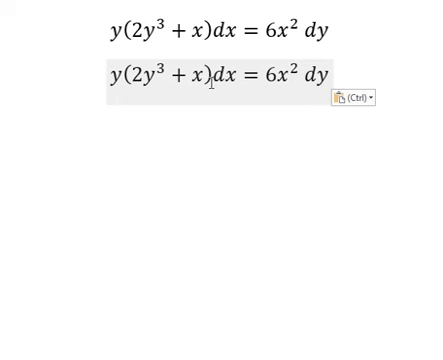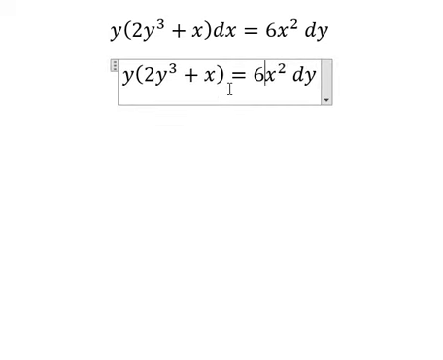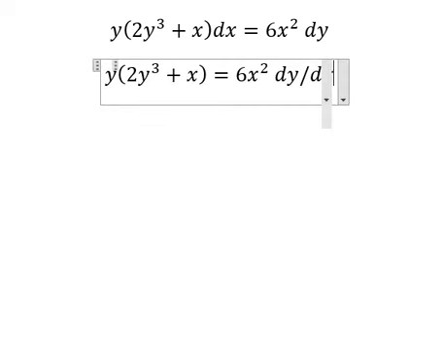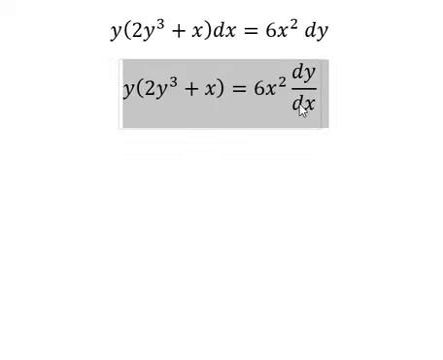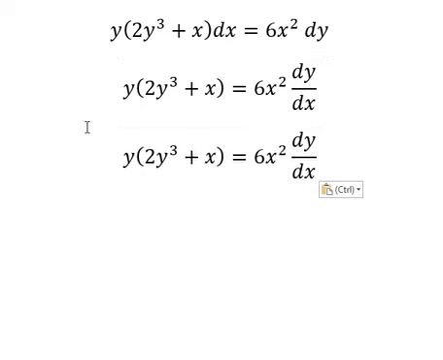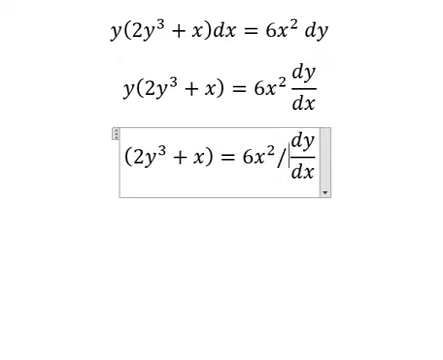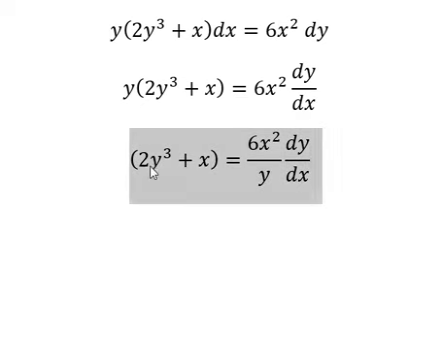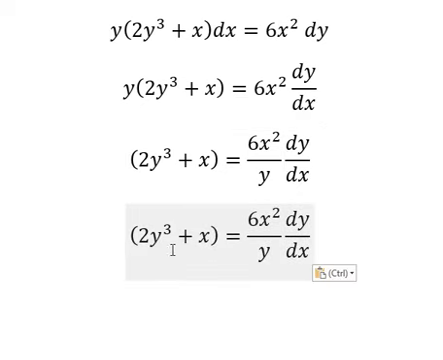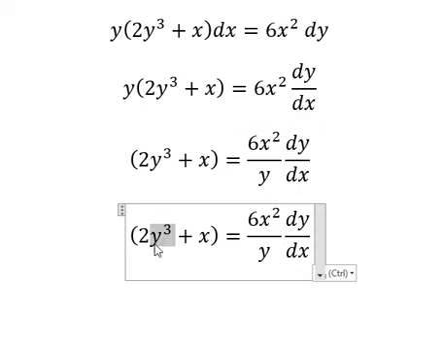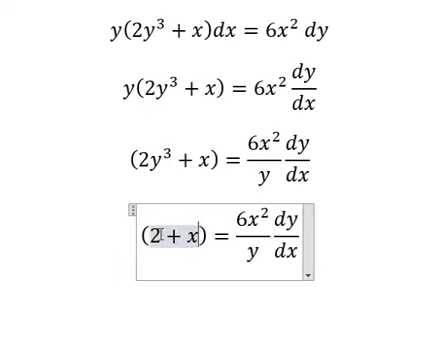We need to divide both sides by dx. Next, we need to divide both sides by y. Next, we need to divide both sides by y to the power of 3.